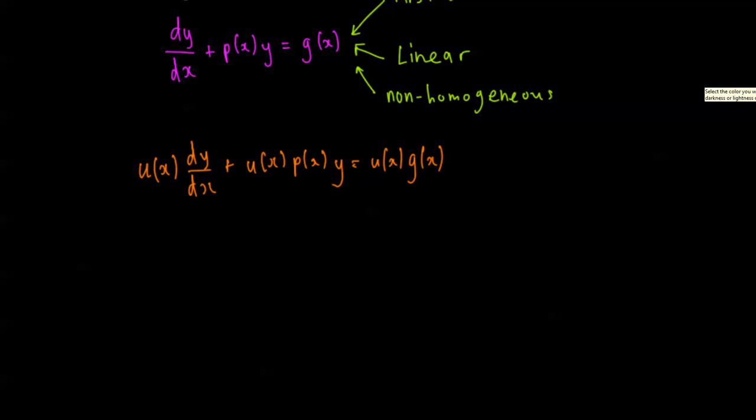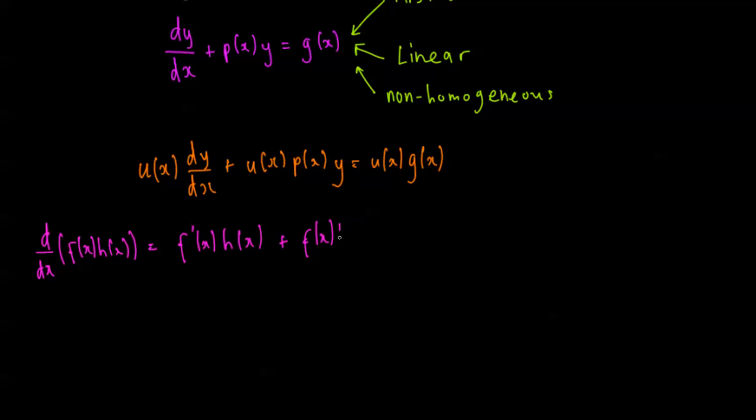Okay, what's the next step? Well, I've got the derivative times some function plus the function times the derivative. So remember the product rule: the derivative of a function f of x times h of x is equal to f dash of x, h of x, plus we keep f constant and take the derivative of h.